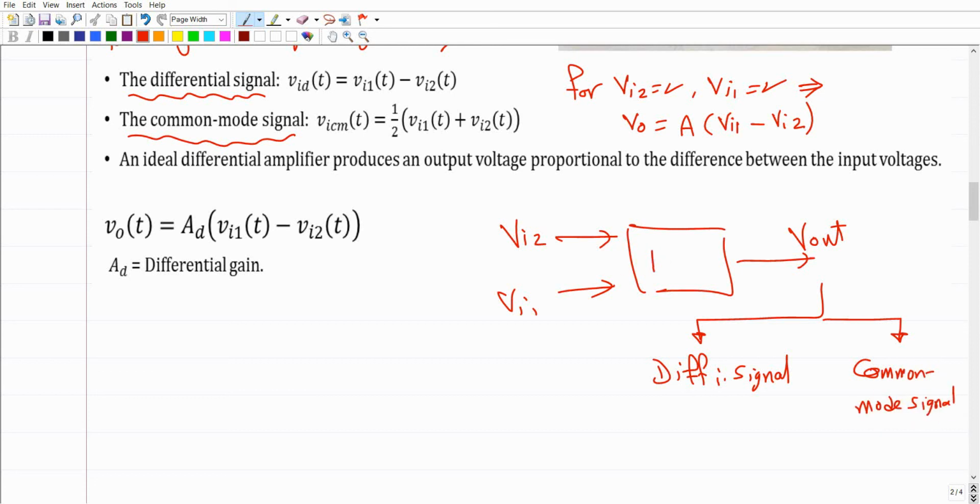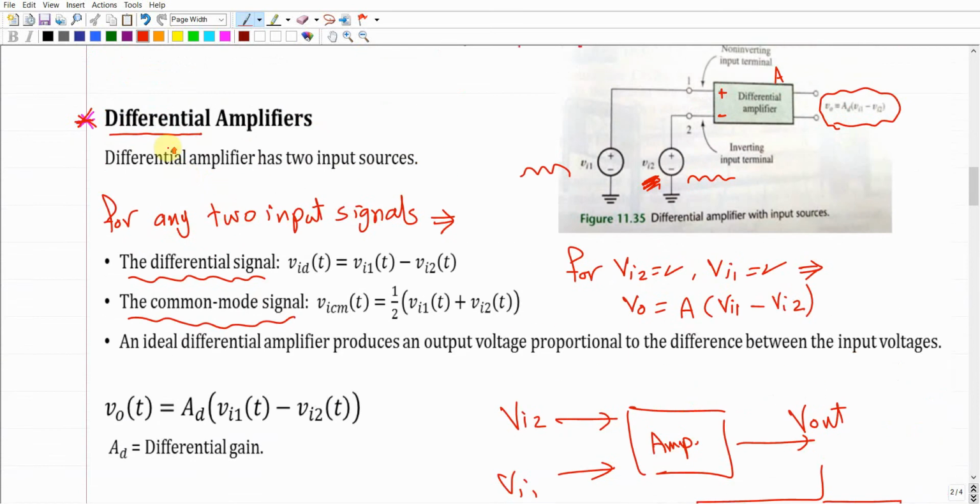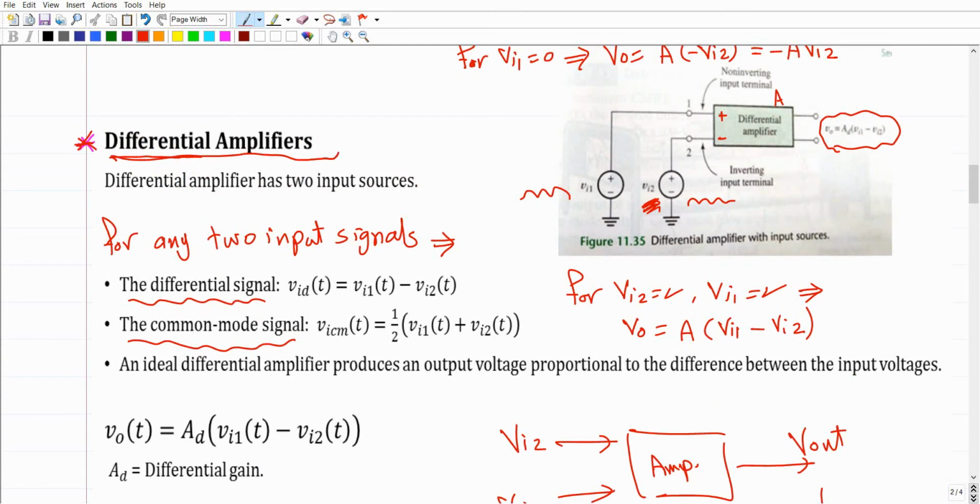This depends on the type of the amplifier in the middle here. We can set up an amplifier that gives us the average between these two input signals, or one that gives us the difference between these two signals. So this is going to give us the VI differential or the VI common. Make sense? In case we set up an amplifier that gives the differential signal, this amplifier is commonly known as the differential amplifier. So the talk here is on the differential amplifier.